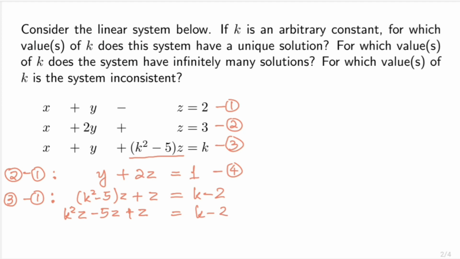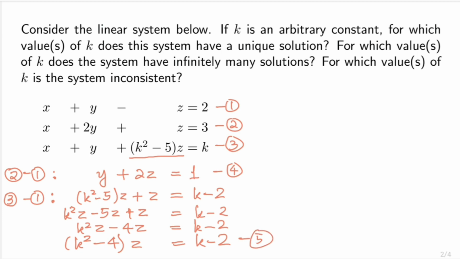If we notice this, grouping like terms, minus 5z plus z gives us minus 4z. So we have k squared z minus 4z equals k minus 2. So if we pull out z here, then we have k squared minus 4, times z, equals k minus 2. So what can we say? Let's call this equation 5.